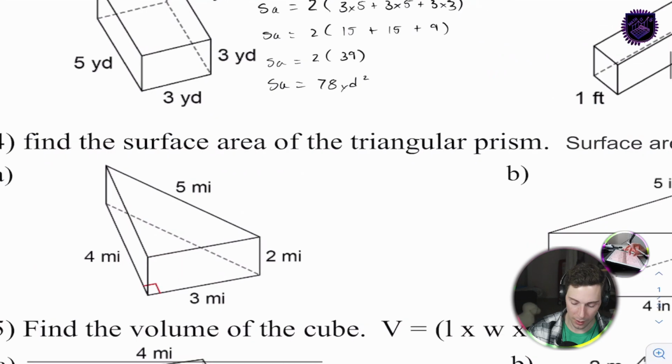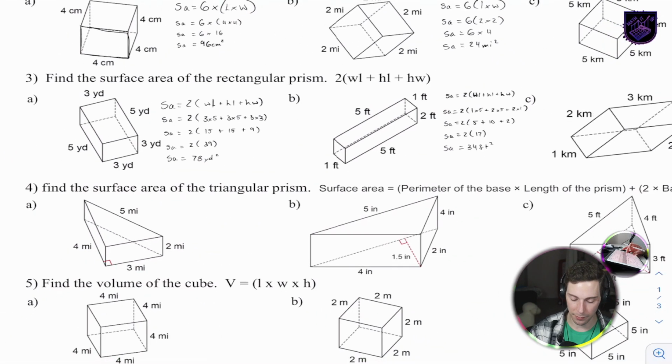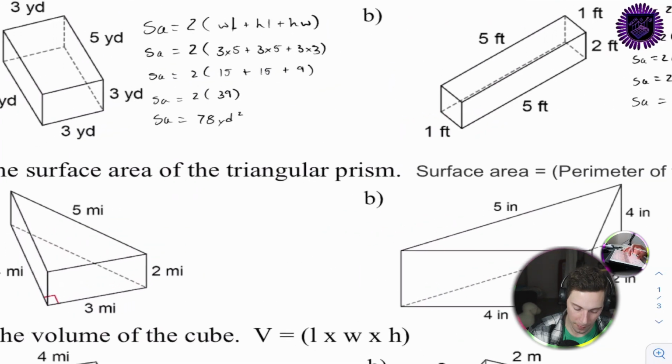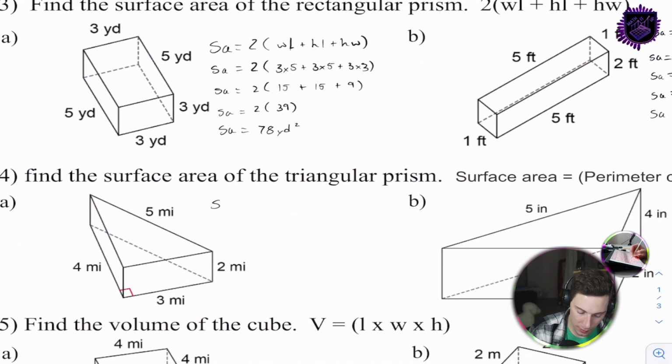Now, you can actually do a similar process with the triangles, but I prefer doing something a little bit different, and that different thing is multiplying the perimeter times the length plus the 2 faces. So 2 steps, perimeter. Surface area will be equal to the perimeter of 3, 4, 5, 7, 12, 12 times length, plus the area of the triangle.